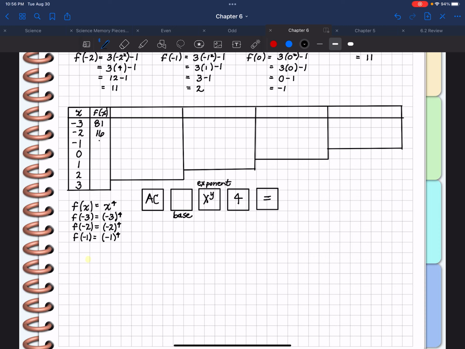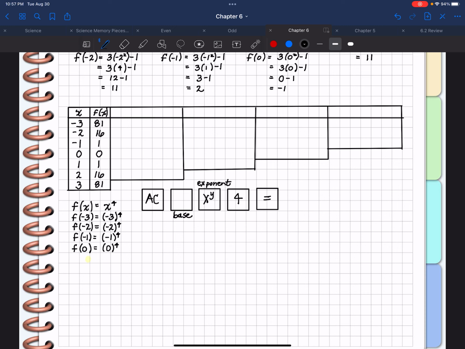That's going to be a +1. Now this one's tricky. 0 to the 4th power, be careful, is 0. 1 to the 4th power is 1. 2 to the 4th power is 16. And 3 to the 4th power is 81.